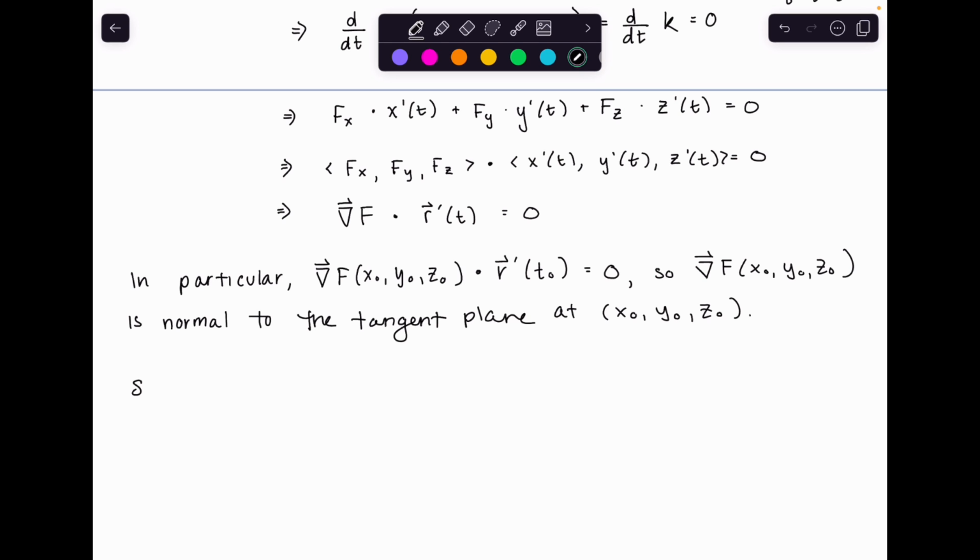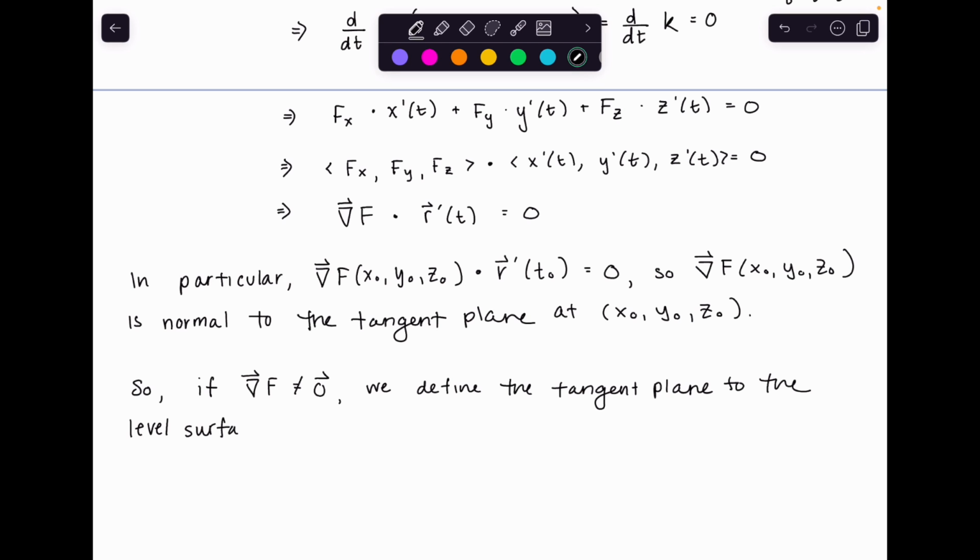So what we can say is, as long as the gradient vector is not the 0 vector, we define the tangent plane to the level surface f of x, y, z equaling some constant k at some point to be the following.